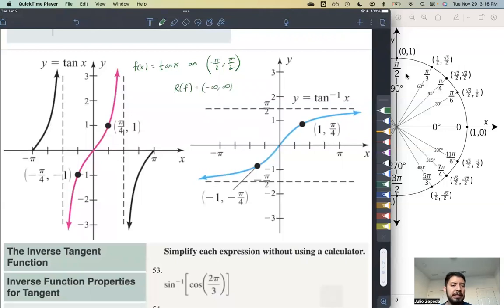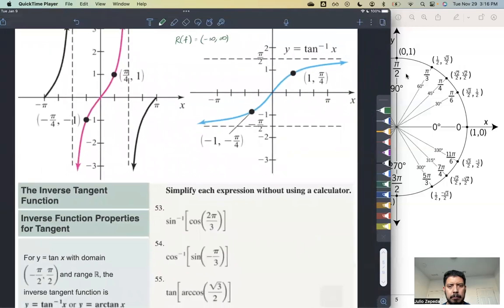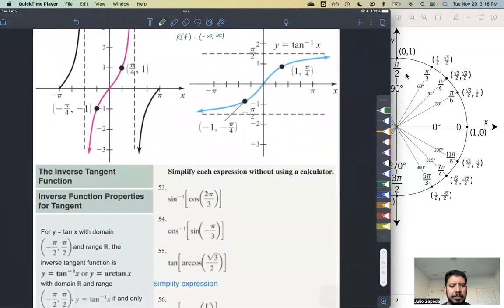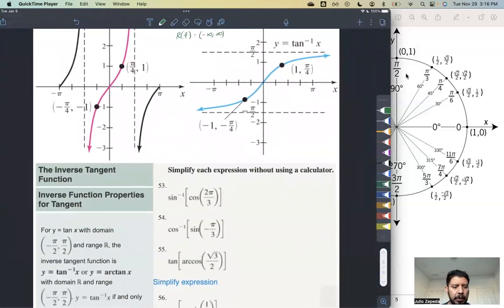So when we invert this piece, this little piece that's highlighted in pink, that little piece is a one-to-one function by itself. If we invert it, we get this blue graph. What would its domain be? Its domain would be all real numbers.